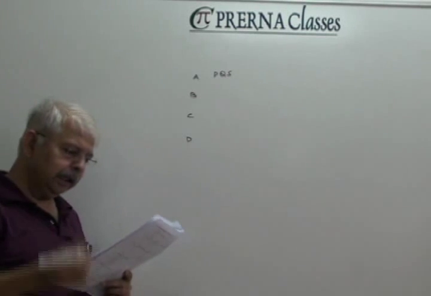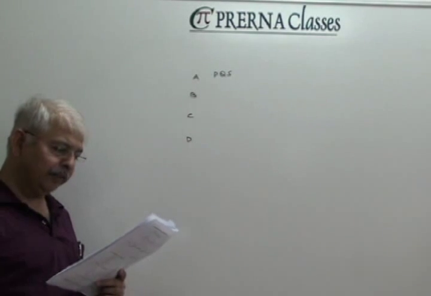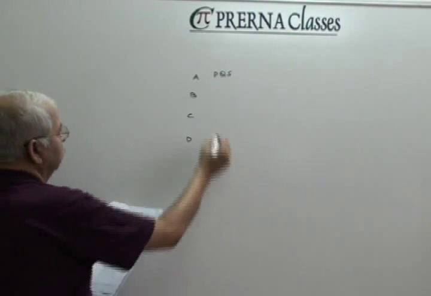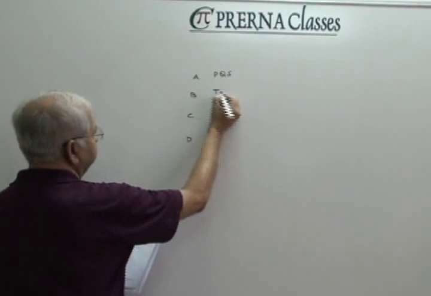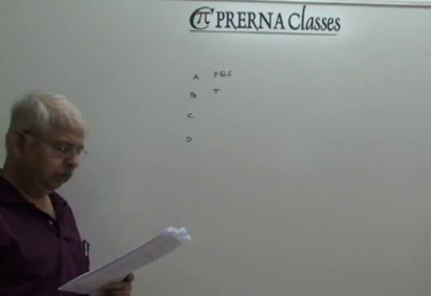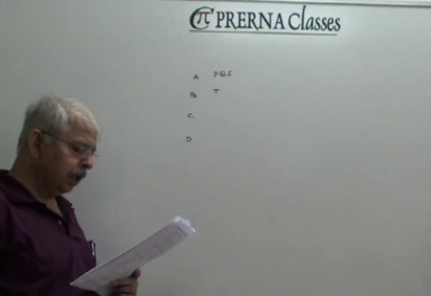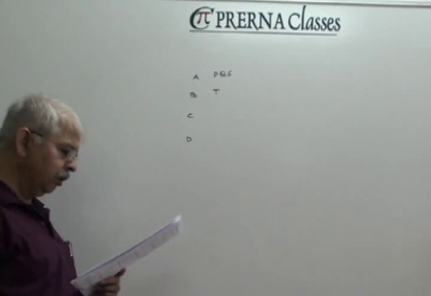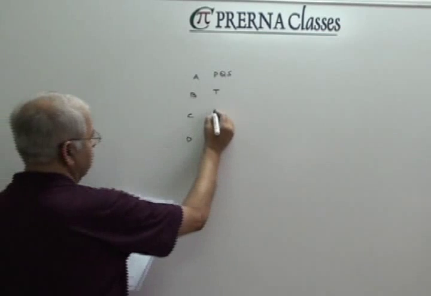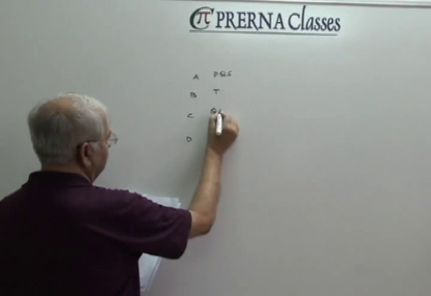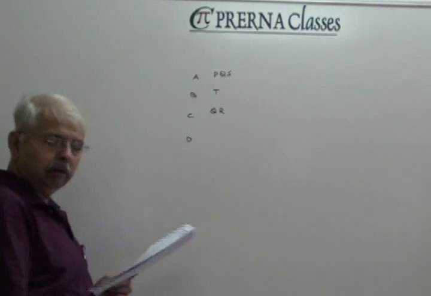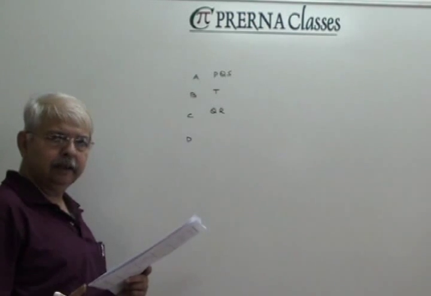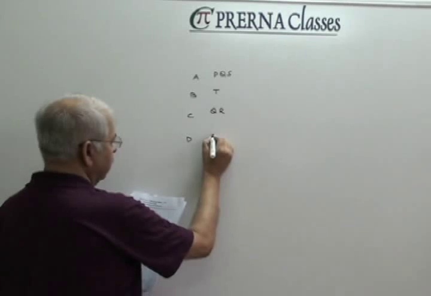Sulfide, if you look at the entire thing, there is only one sulfide, that is argentite, Ag2S. So this is T. Then come hydroxides. Malachite has one hydroxide and bauxite is another hydroxide. So the correct answer is QR. Oxide, there is only one oxide and that is bauxite. So this is R.